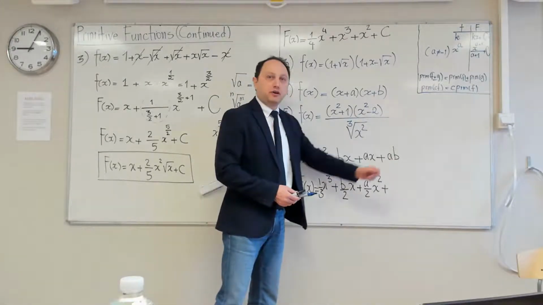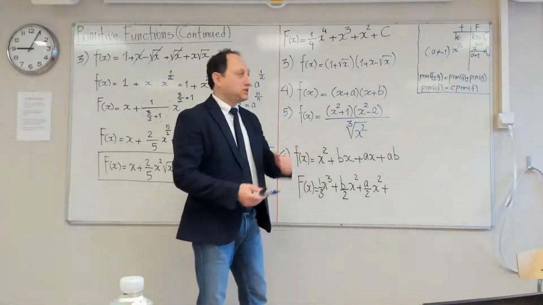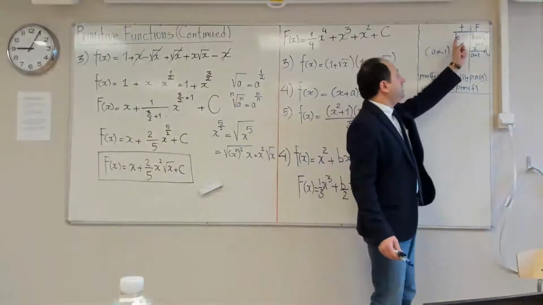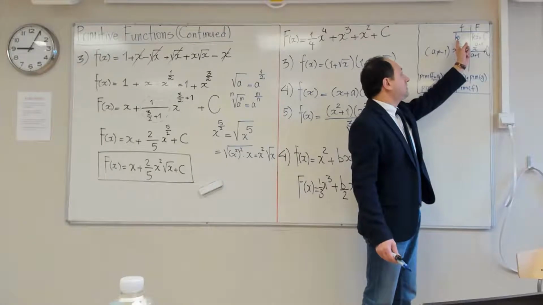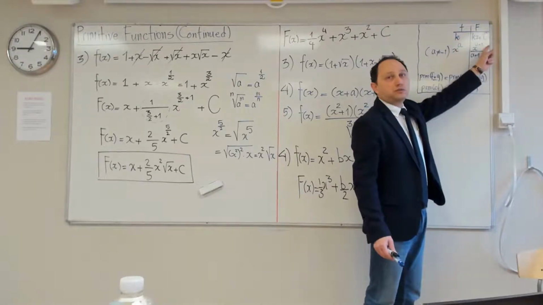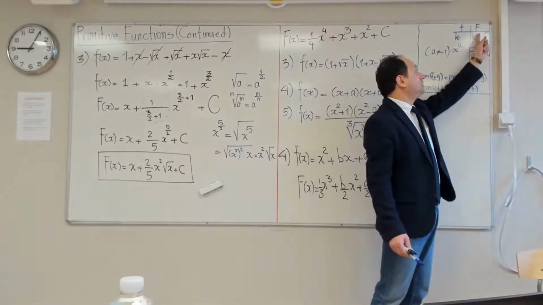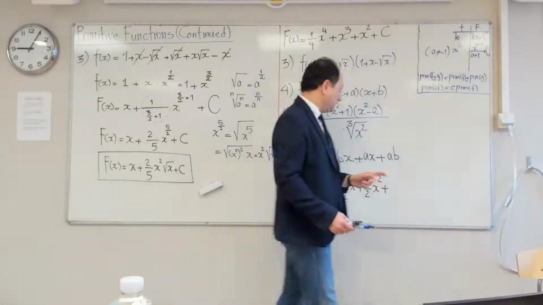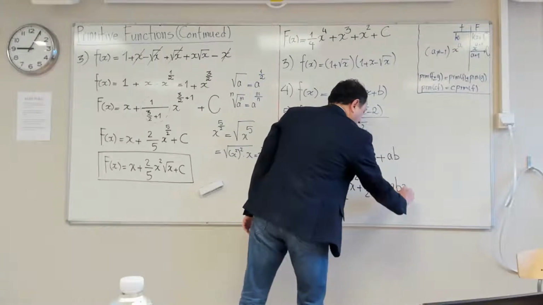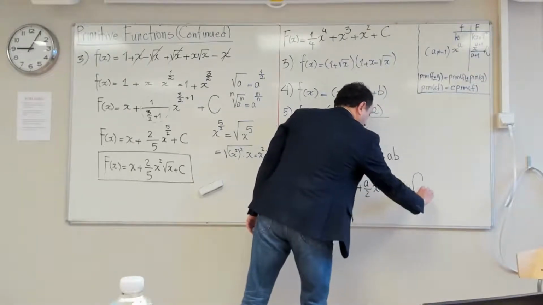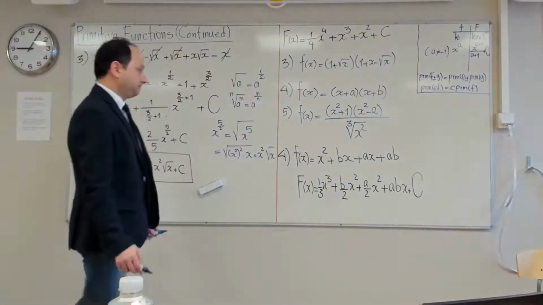What is the primitive function of ab? ab is a constant. If I ask you what is the primitive function for a constant, you say that constant multiplied by x, and if you're interested in all of them, plus a constant c at the end. So hopefully everyone understands that this is just abx plus a capital constant c at the end.